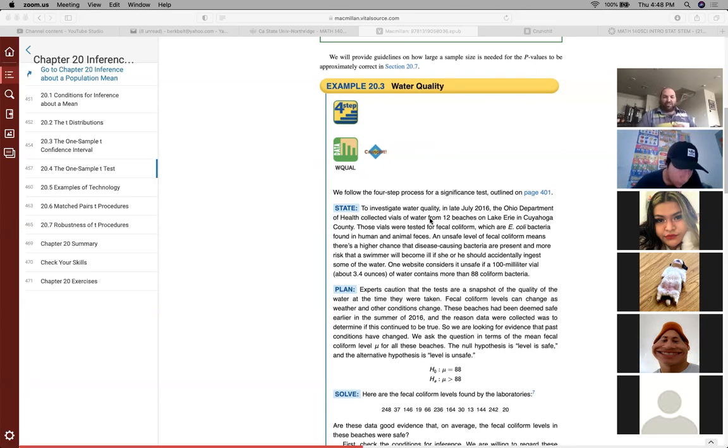One website considers it unsafe if a 100 milliliter vial of water contains more than 88 coliform bacteria. So essentially, we're testing whether or not it's more than 88, versus being 88. So the null hypothesis is that the mean is 88, and the alternative hypothesis is that the mean is greater than 88.